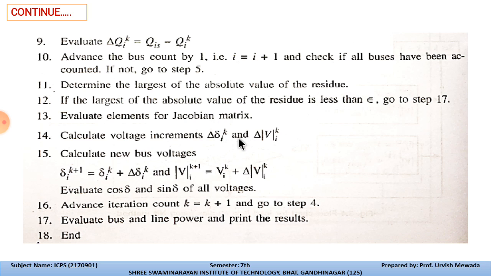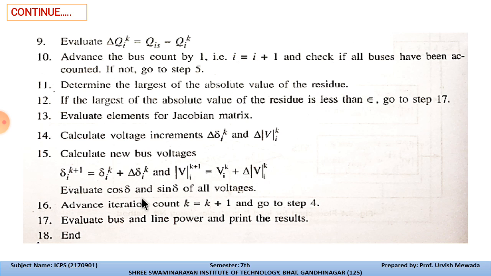So this is the power phase angle Δδ and Δ|V| of the power system. Calculate the new bus voltages: δi^(k+1) equals δi^k plus Δδi^k, and |Vi|^(k+1) equals |Vi|^k plus Δ|Vi|^k.